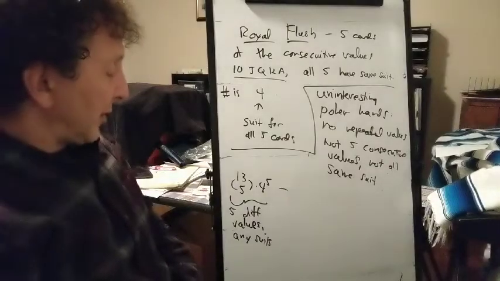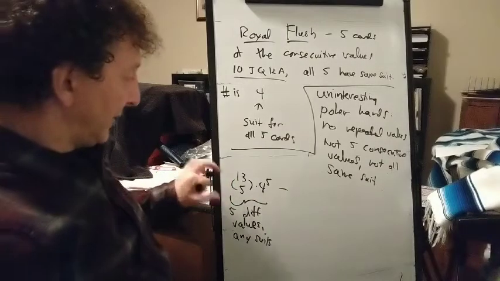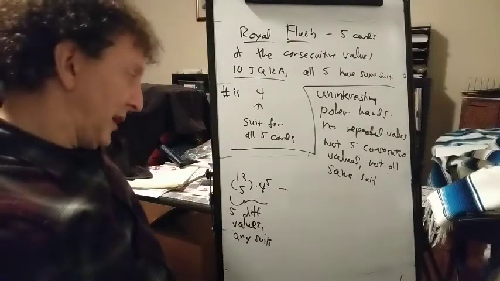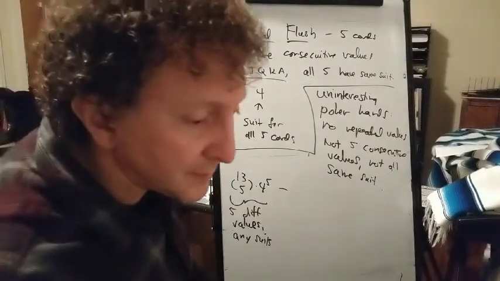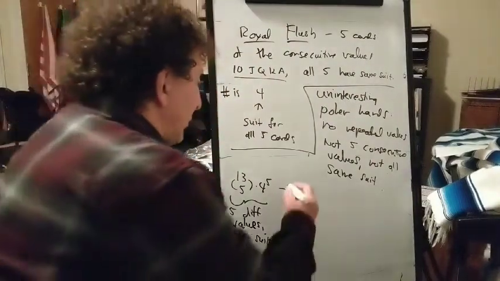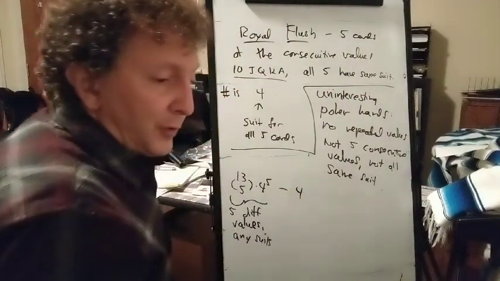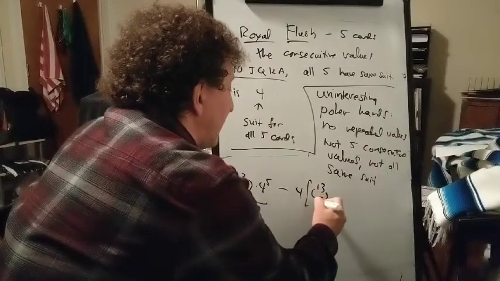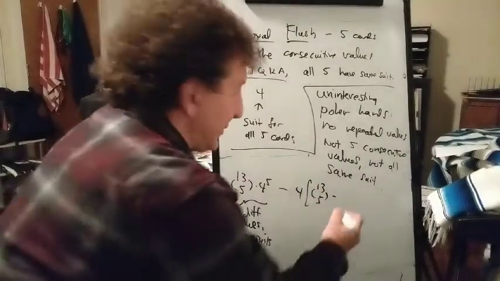Then we want to subtract off the special cases of this that were something nice, like a flush or a straight. So the number of flushes we said was 4 suits times 13 choose 5 minus 10.